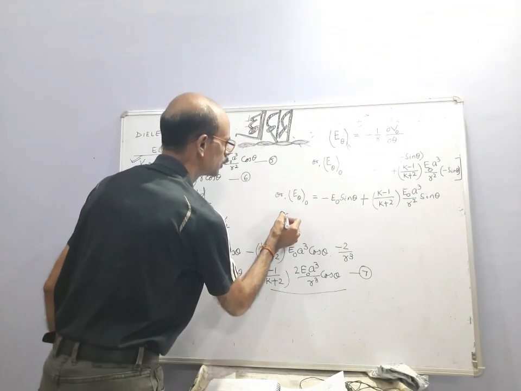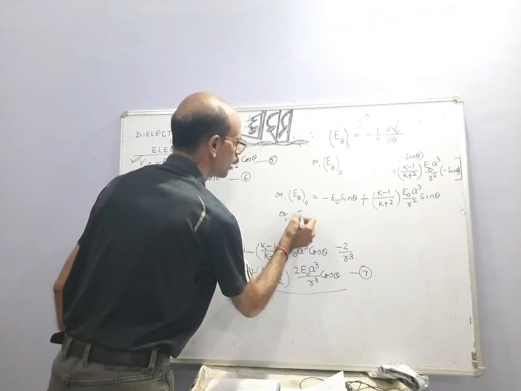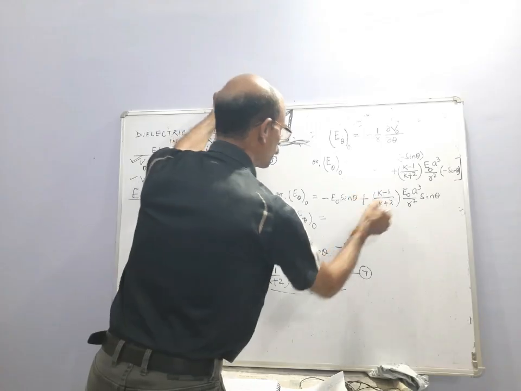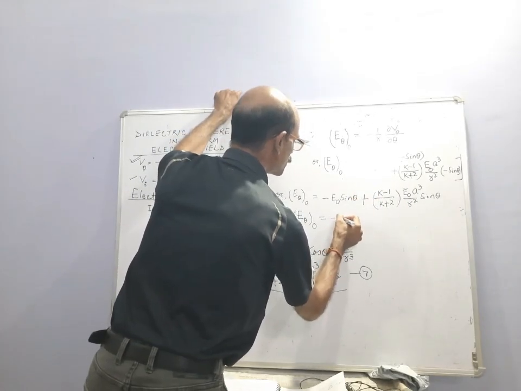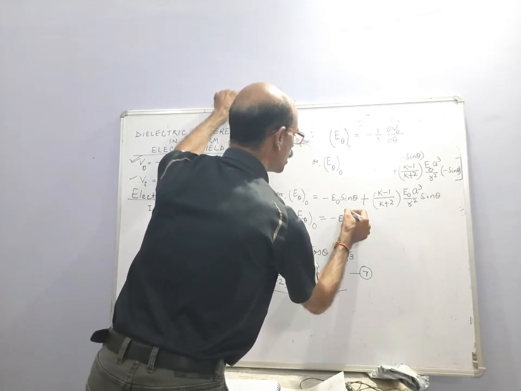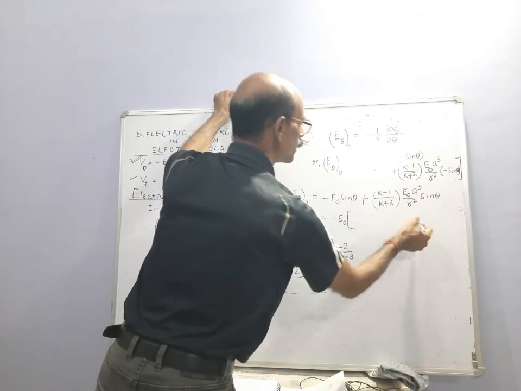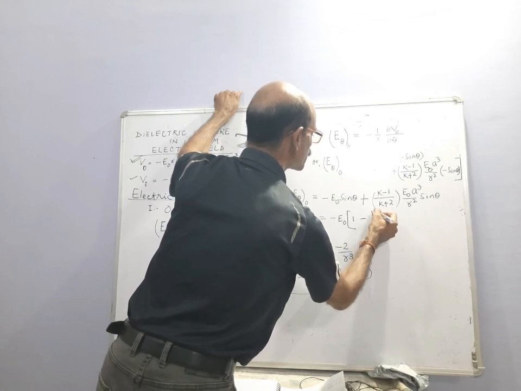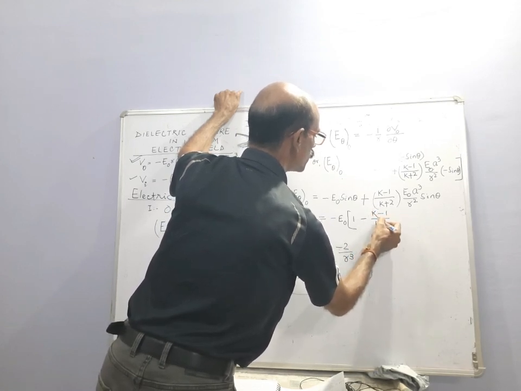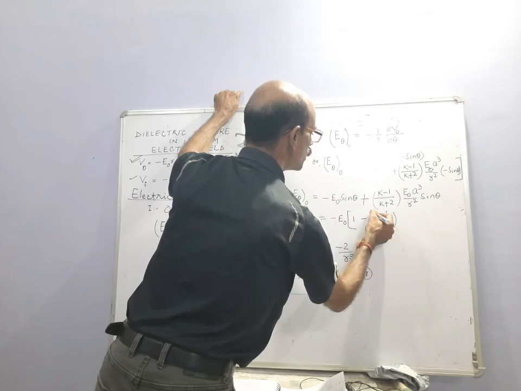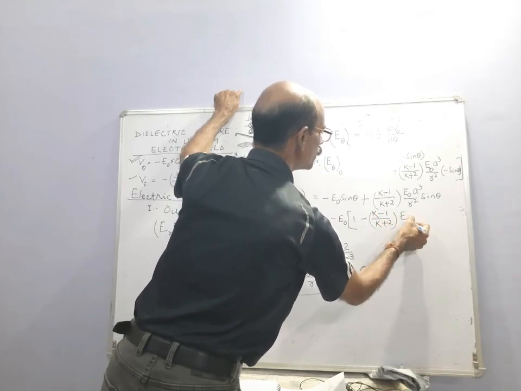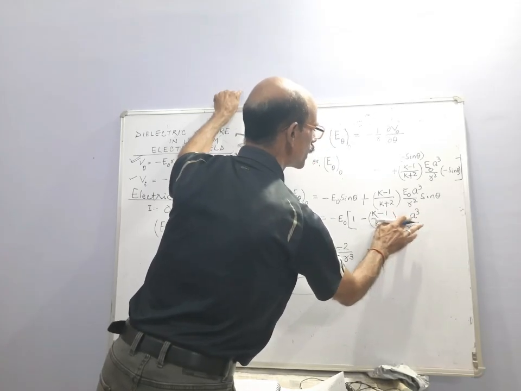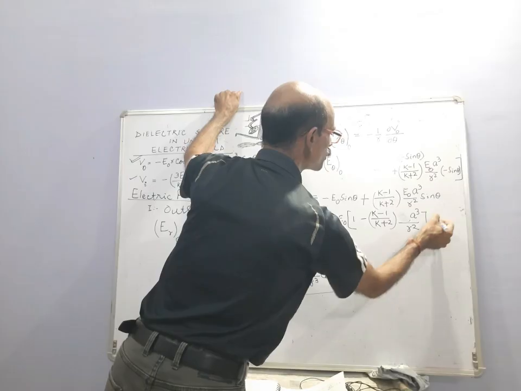And E theta outside is equal to, we can take common minus E0, and we can put sin theta also outside, so 1 minus (k minus 1) by (k plus 2) a cube by r cube.